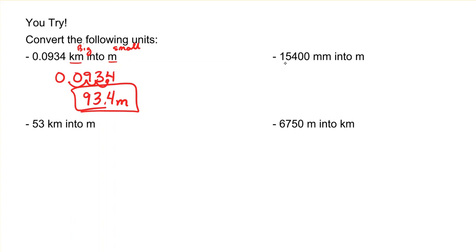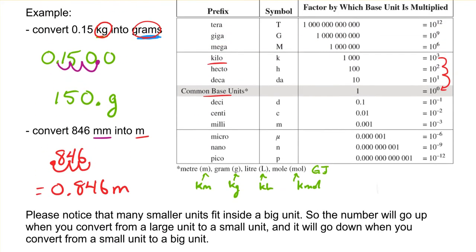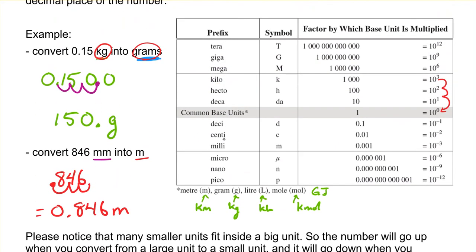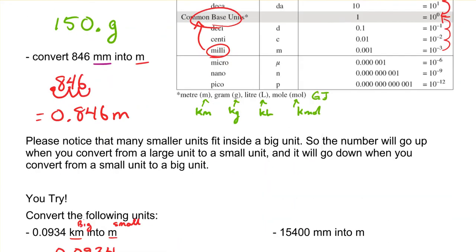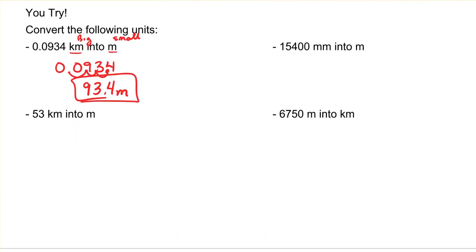Let's go 15,400 millimeters into meters. So I'm going to go from millimeters into meters, and that's a difference of 3 steps. This is a small unit and we're turning into a bigger unit, so the number's got to get smaller. 15,400, and this is where the decimal is, right? The decimal is right at the end.